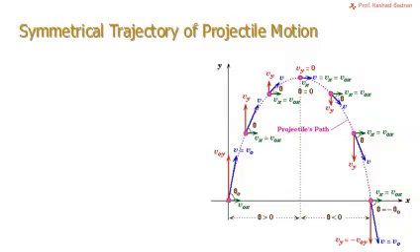The special case here in this trajectory of the projectile motion is considered symmetrical. As the projectile is started from the origin, it ends up on the other side at the same level of x. However, when the projectile is going up in its trajectory, the velocity vector is positive, and on the other half of the trajectory, the component of the velocity vector is going downwards.